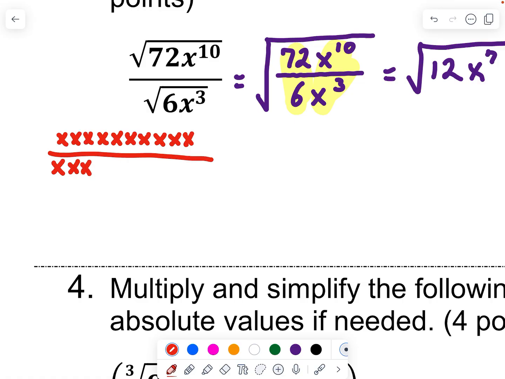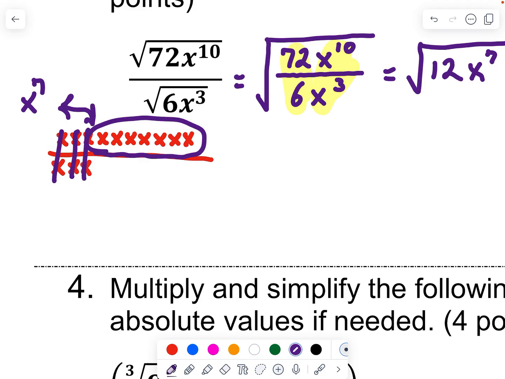I like to think of it that I've got 7 more x's in the numerator than I do in the denominator. 3 of these x's are going to cancel out with 3 of those in the numerator, leaving me with only 7 x's, right?